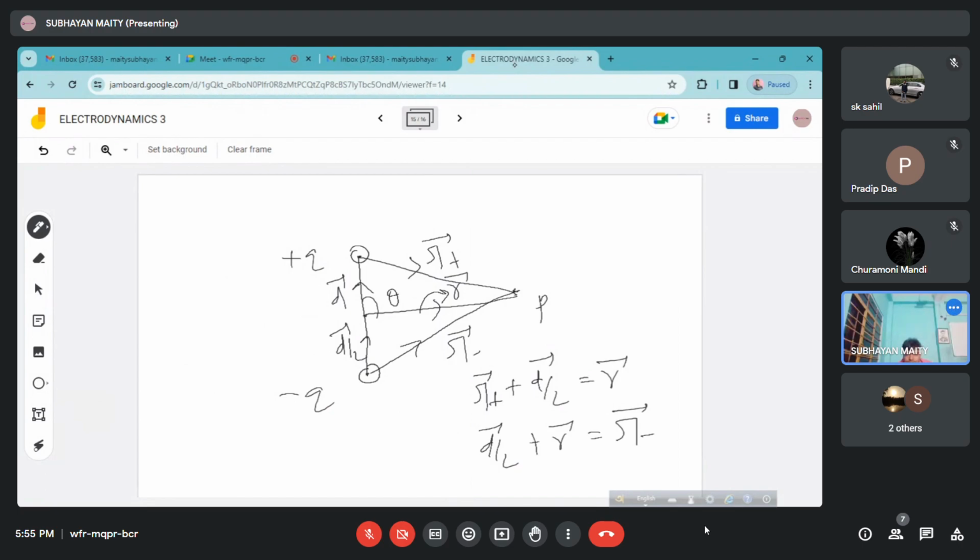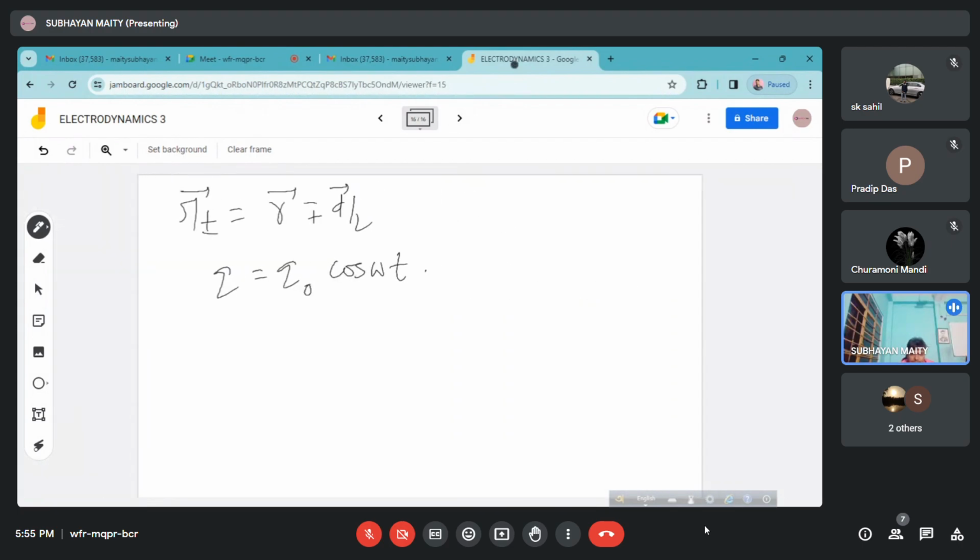Okay, so now the electric scalar potential phi at R was actually 1 by 4 pi epsilon naught, Q by R plus minus Q by R minus, and this was for a static source.